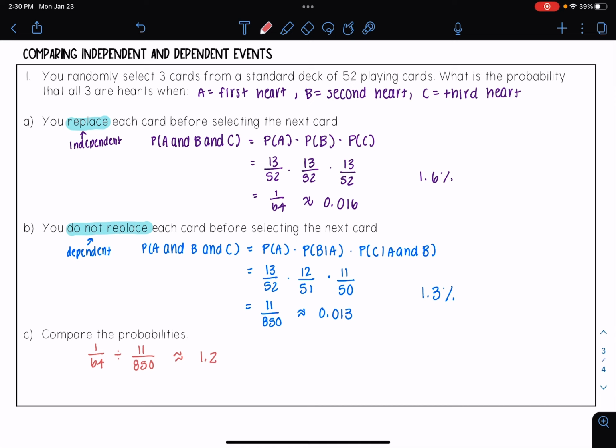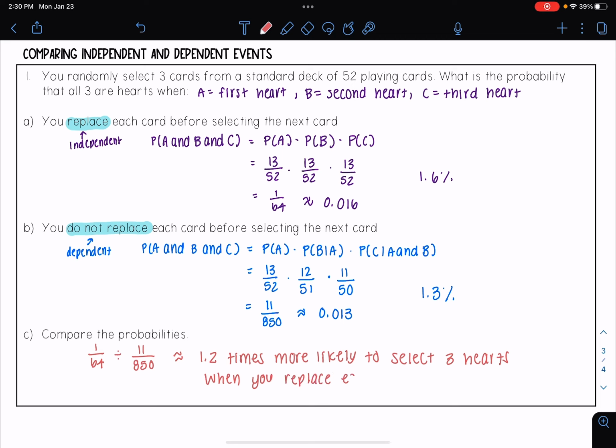So you're 1.2 times more likely to select 3 hearts when you replace each card before selecting the next.